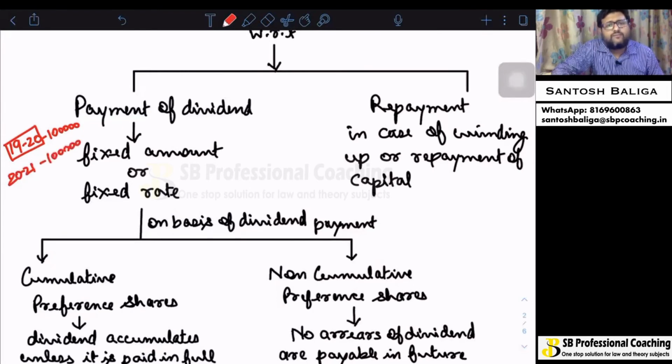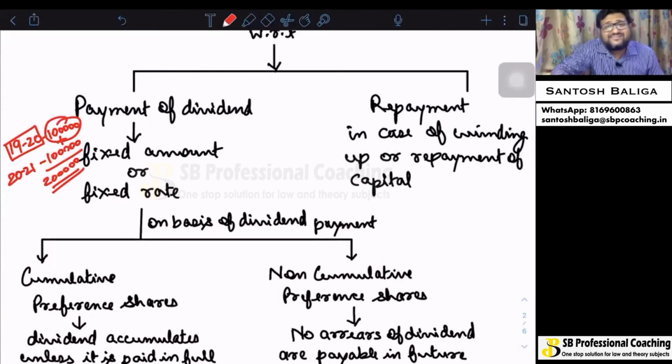So now the company would have to pay 1 lakh rupees plus 1 lakh rupees, plus any interest which has to be paid as arrears of dividend. So what is happening here is that the company will have to cumulatively pay the shareholder the total amount of dividend.